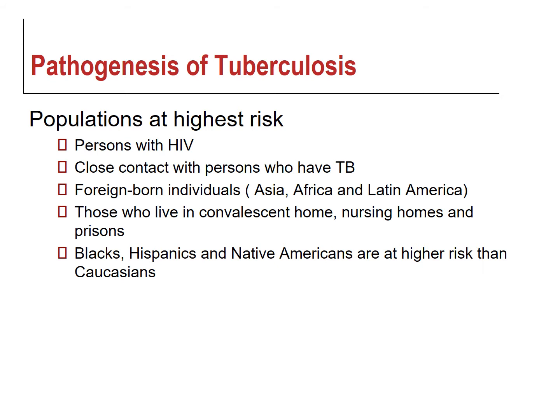Blacks, Hispanics, and Native Americans are at higher risk than Caucasians. The disease continues to be seen in children, especially in ages ranging from newborn to 5 years old.